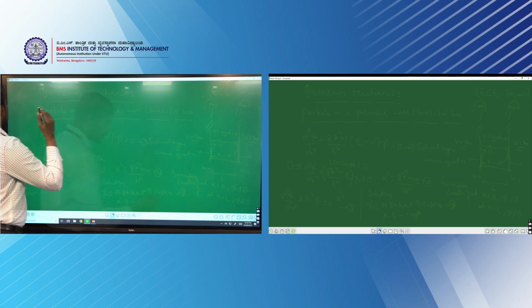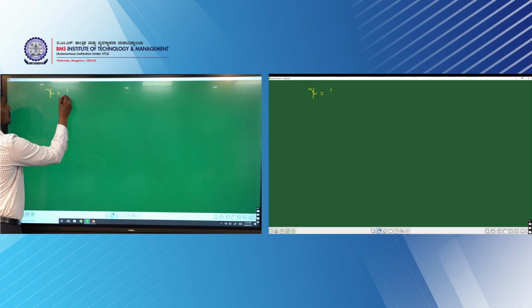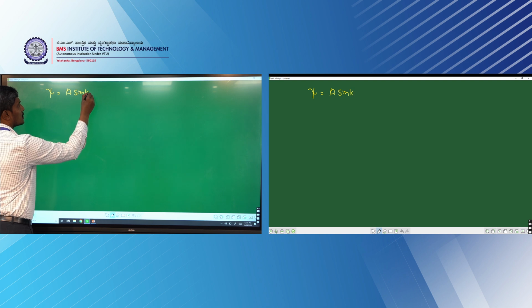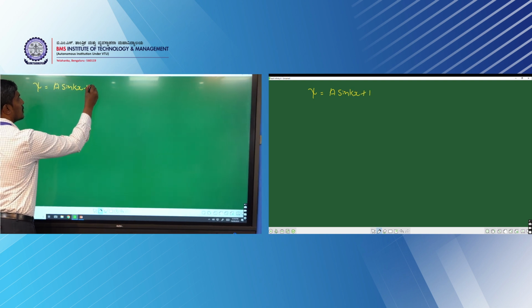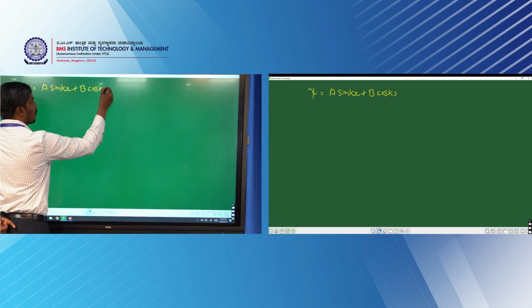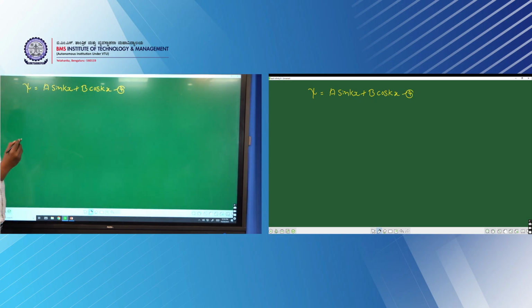Now let us use these boundary conditions to solve equation number 4. Equation 4 is psi is equal to A sin kx plus B cos kx. Now let me apply the first boundary condition.